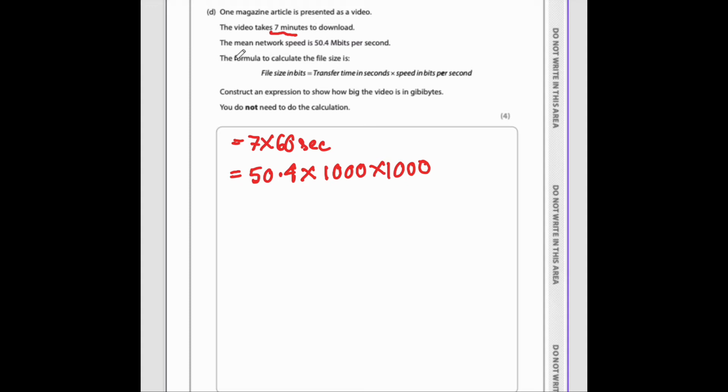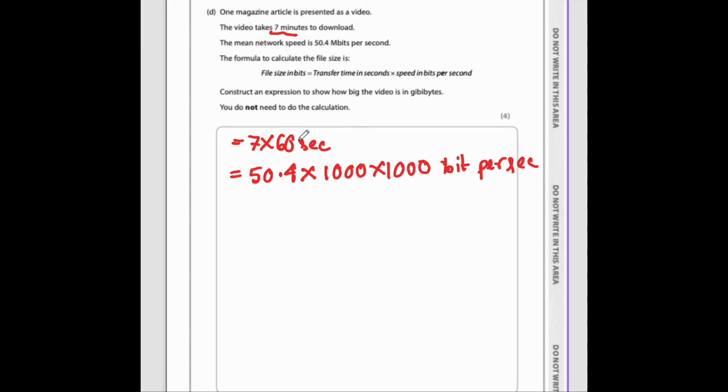Then they say the formula to calculate the file size is file size in bits equals transfer time in seconds into speed in bits per second. Our transfer time in seconds we already calculated as 7 into 60, and for speed in bits per second, we removed the mega, so this one is bits per second.